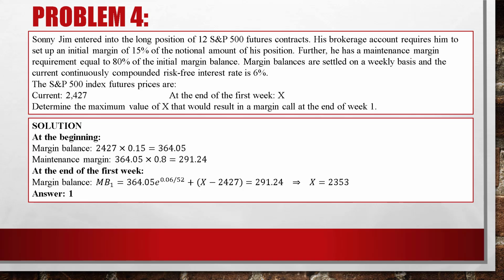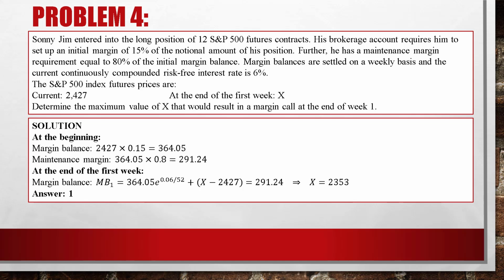Now at the beginning, the margin balance is 24.27, the current price, times 15%, because the initial margin is 15% of the notional amount, and the maintenance margin is 80% of that. So we got 291.24 as the maintenance margin.